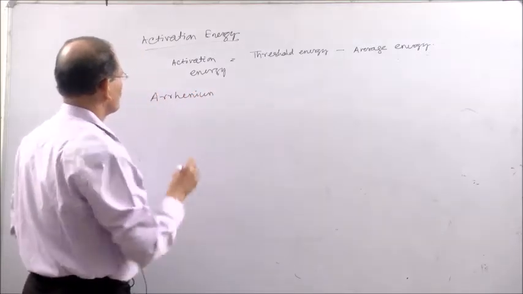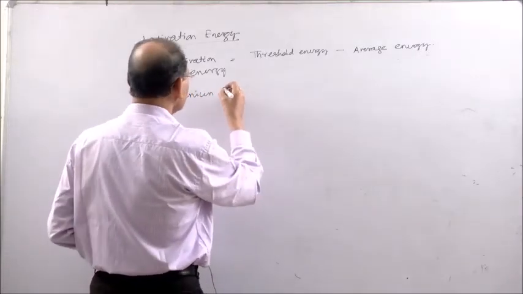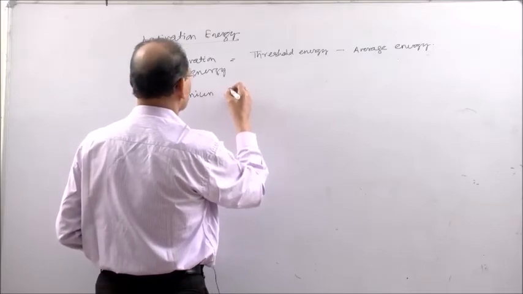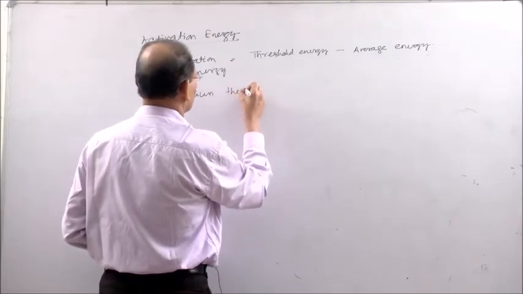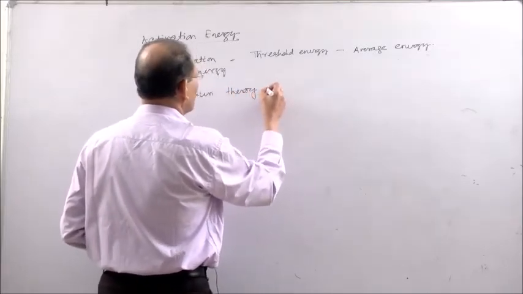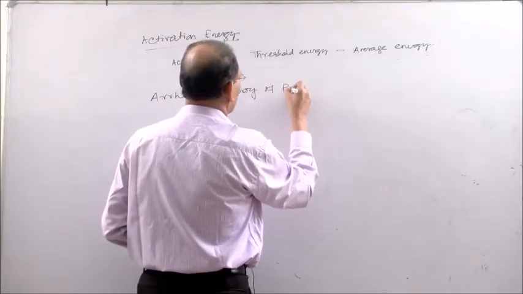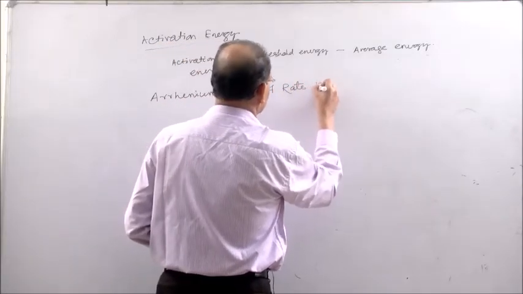Arrhenius proposed a theory of rate kinetics.